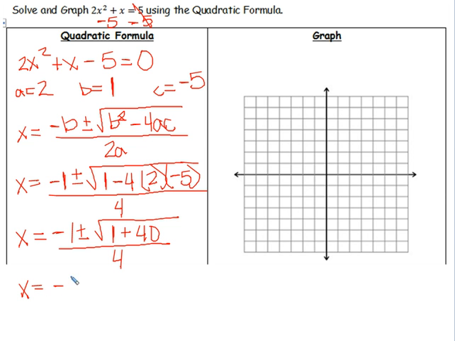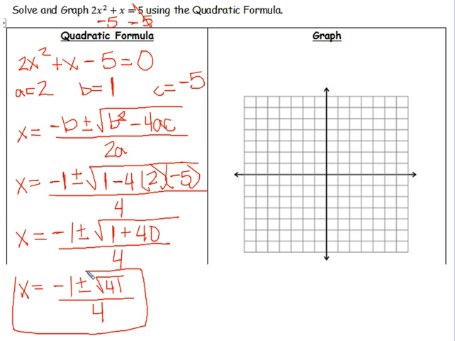And finally, we have negative 1 plus or minus the square root of 1 plus 40, which would be 41, all over 4. All right, now in some cases we might be able to break apart the radical depending on what the number is, but for the square root of 41, there's not a perfect square that goes into that, so this is just going to stay the way it is. Now, some of you might want to leave your answer like this, which is completely okay.